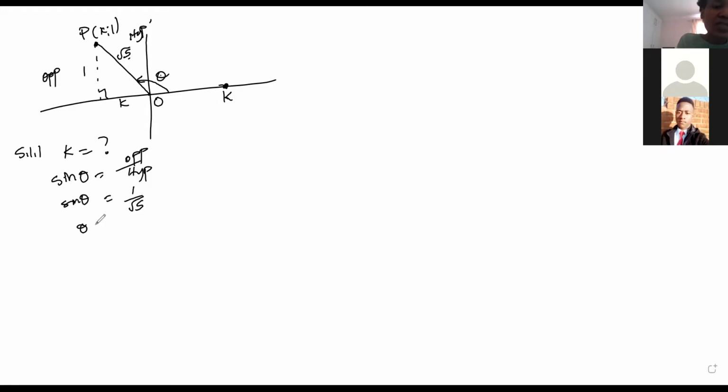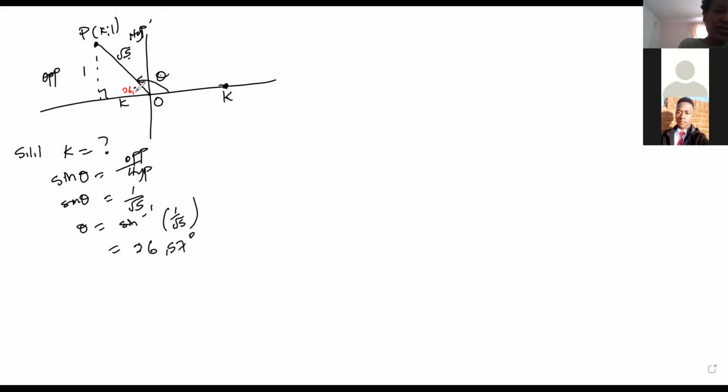So that means our theta will be the inverse sine of 1 over root 5, which is 26.57 degrees, okay? Can you see that 26.57 degrees is actually the angle on this side, right?